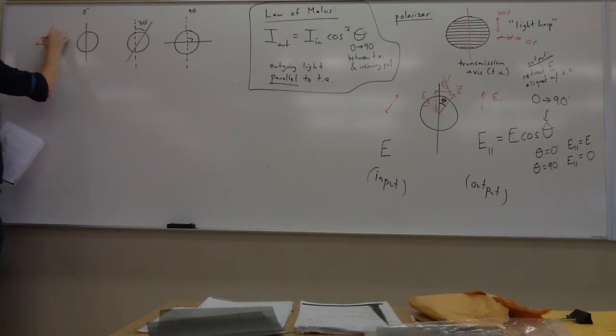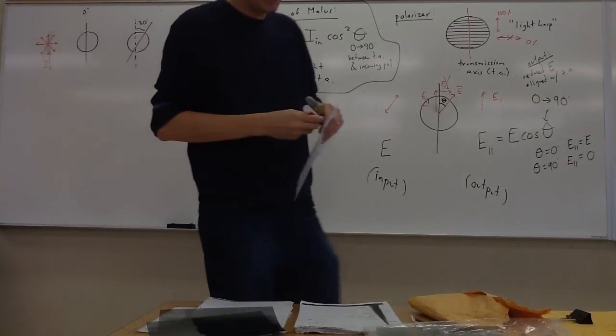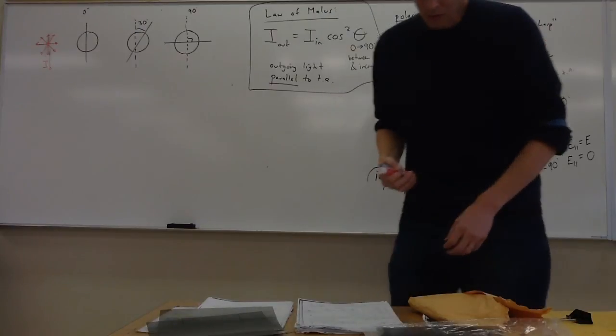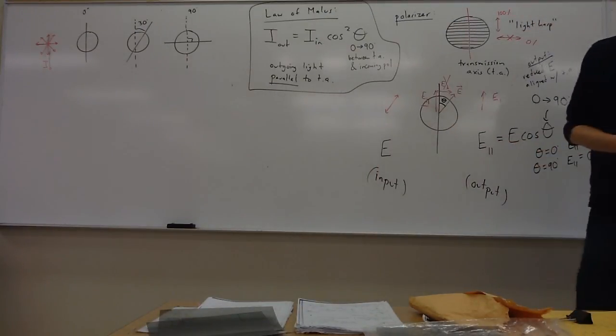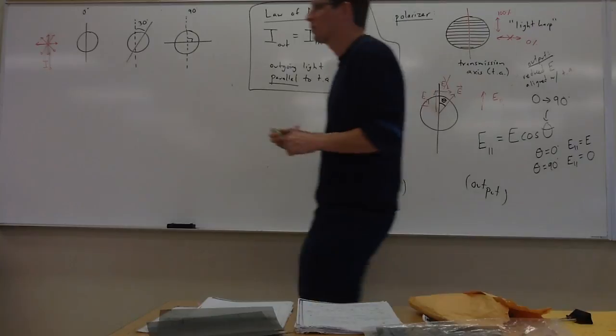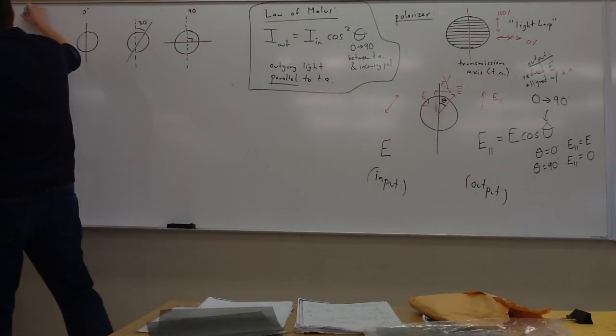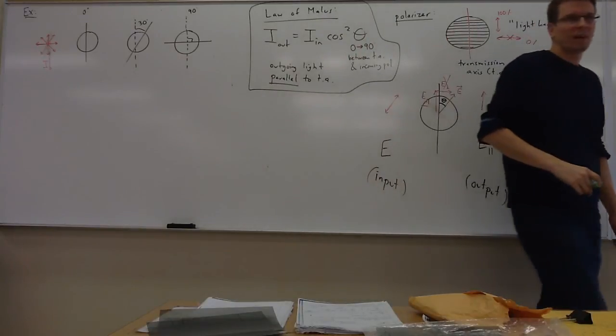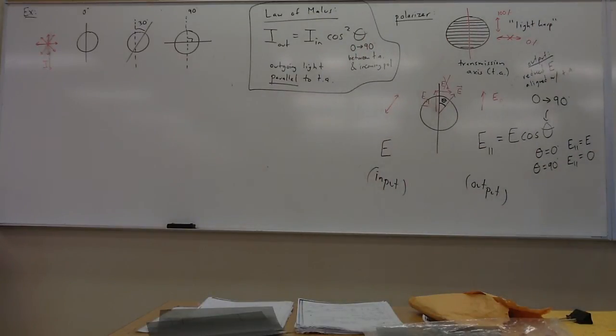So we'll send in unpolarized light of intensity I naught. And my question is simply going to be, I guess I should label this as an example, what percentage of that can I be expected to get on the output?